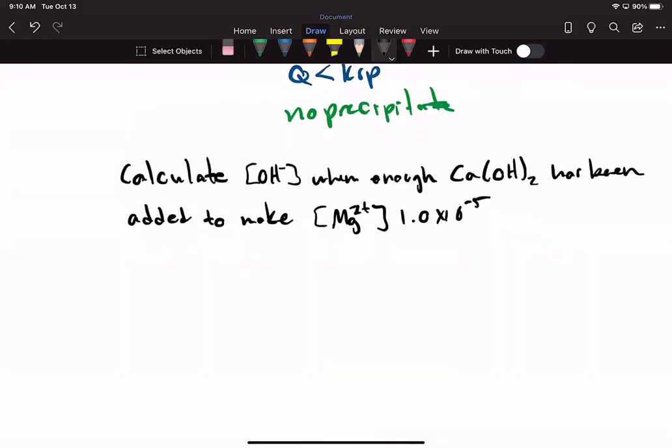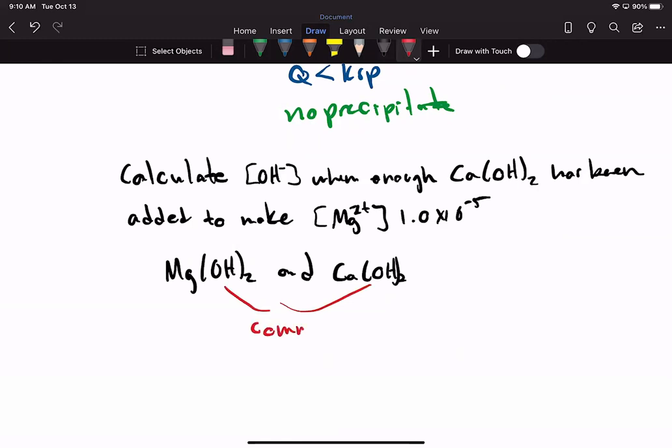So between magnesium hydroxide and calcium hydroxide, there is a common ion between them.